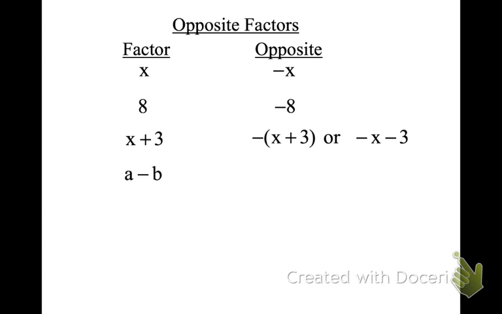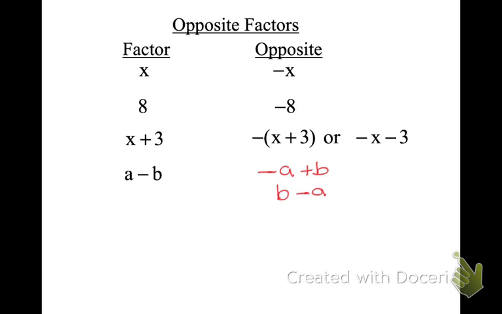What's the opposite of a minus b? Negative a plus b. But that looks funky. Can you please listen to me? It looks funky starting with the lead negative. So isn't this the same value? If I want to do the opposite of a minus b, what would it be?